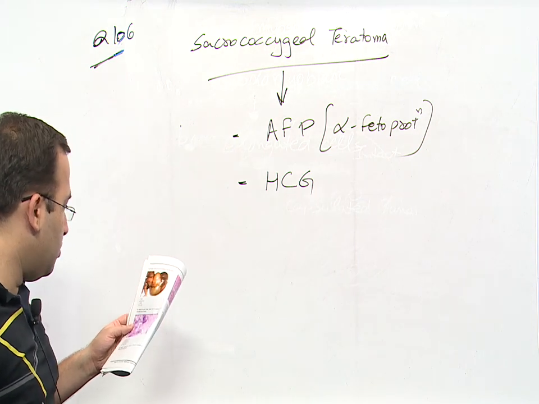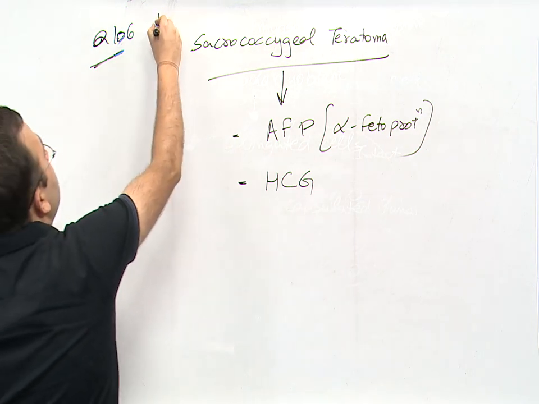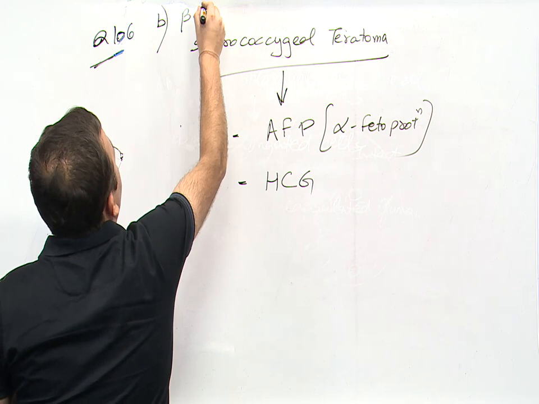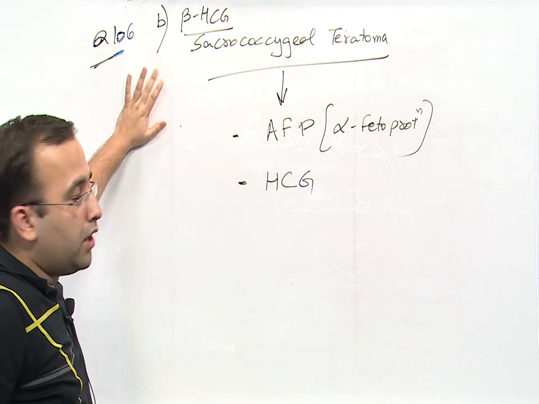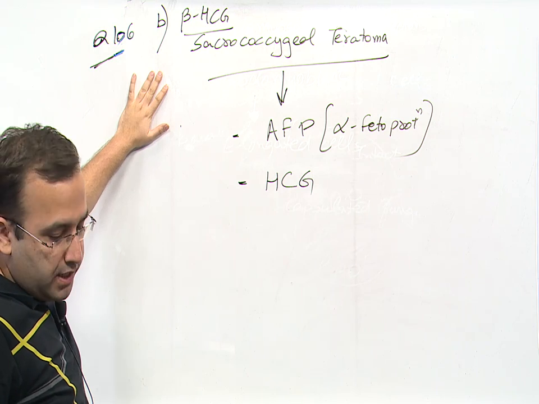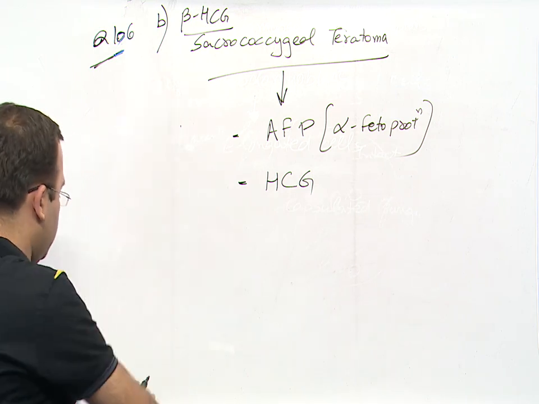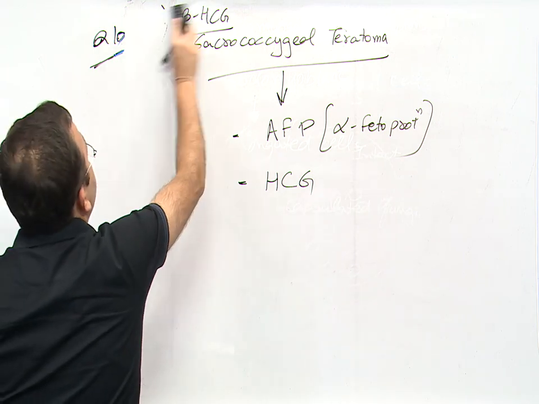So the answer to question 106 is option B, that is beta HCG.